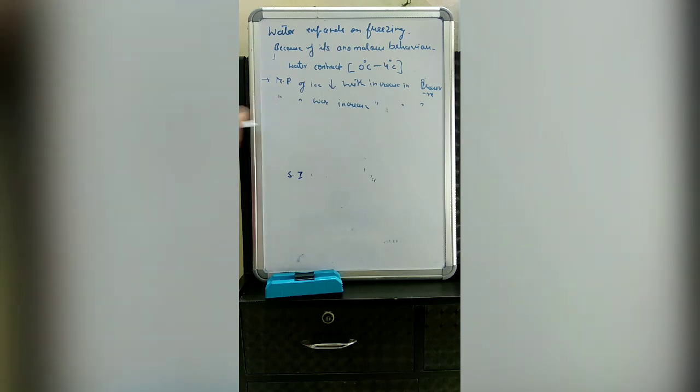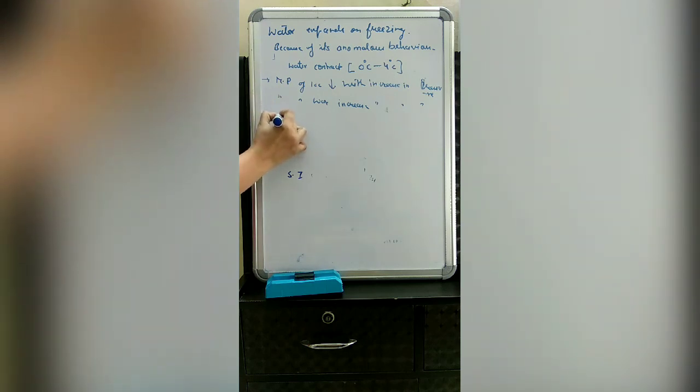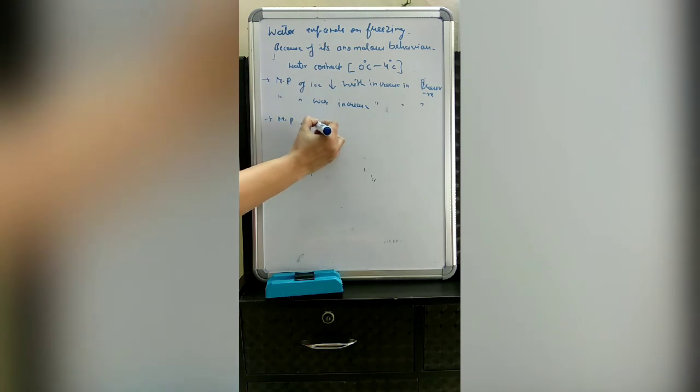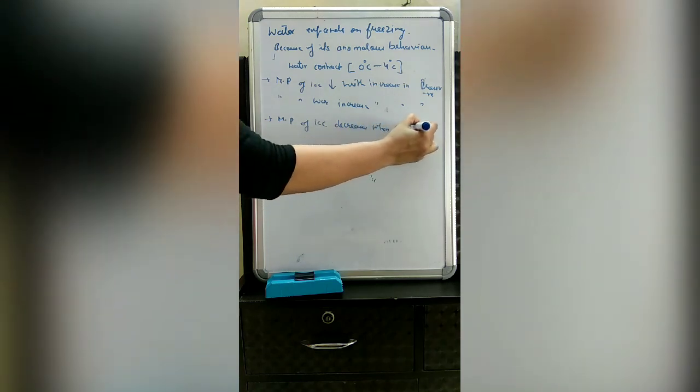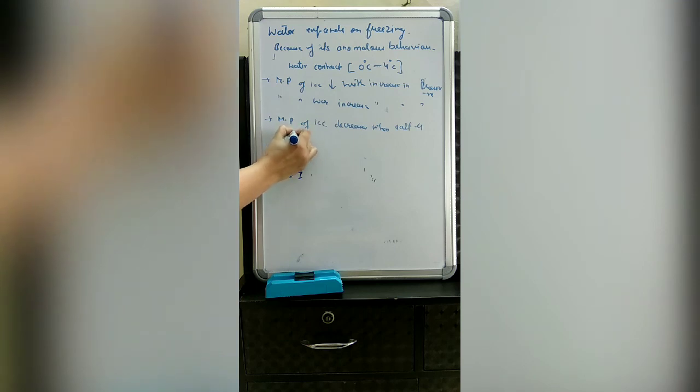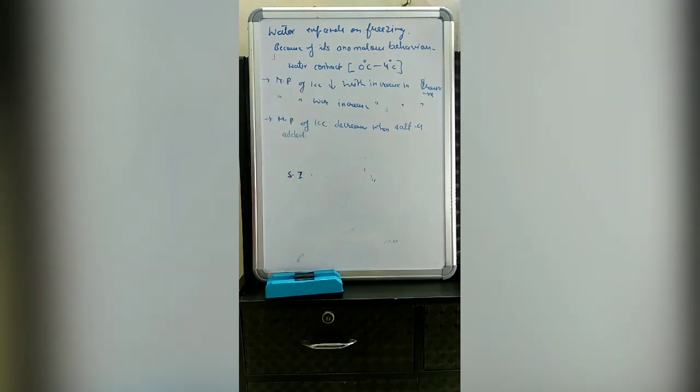Third, the melting point of ice decreases when salt is added. It means with the addition of impurity you can decrease the melting point of ice.